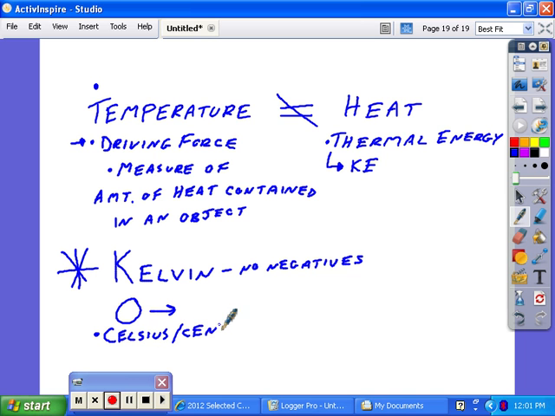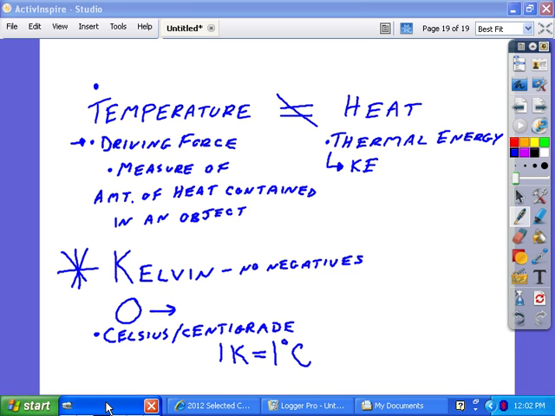So in other words, 1 Kelvin is going to be the exact same size as 1 degree Celsius or 1 degree centigrade. They're using the same scale, the same values, but instead of having negative numbers, those negative numbers dissipate when we start at the point of 0 motion.